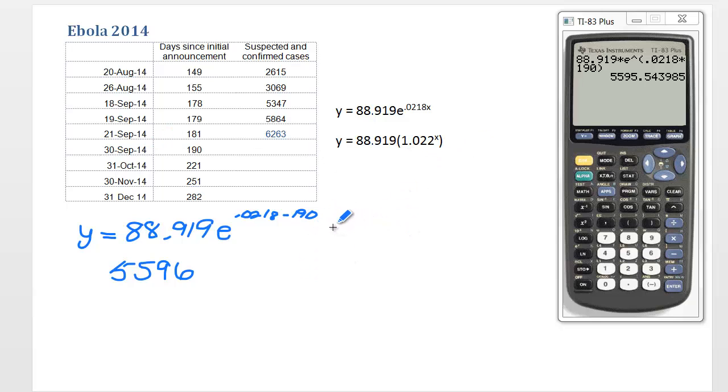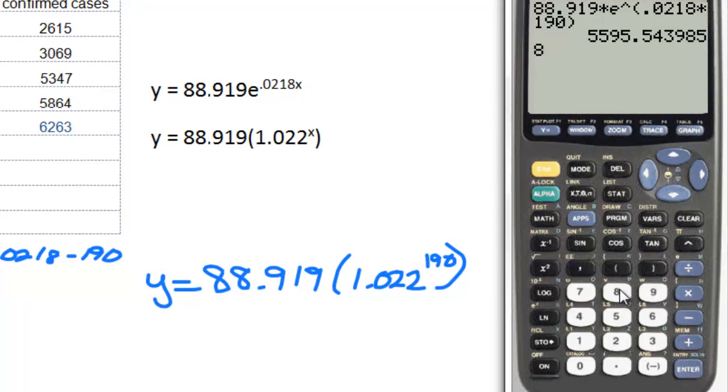Using the second equation, y equals 88.919 times 1.022 to the 190th day. We'll plug that into the calculator.